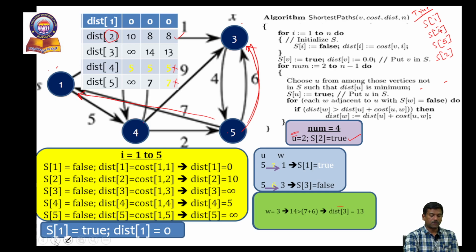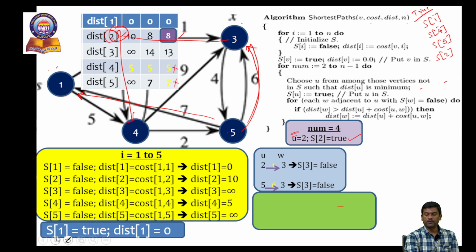And find the various adjacent vertices that are present, the adjacent vertices from 2. From 2, we can reach 3, and with respect to edge cost, 2 to 3 has the edge cost equal to 1.